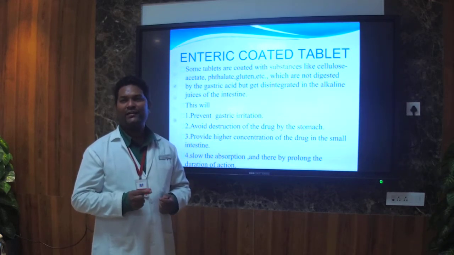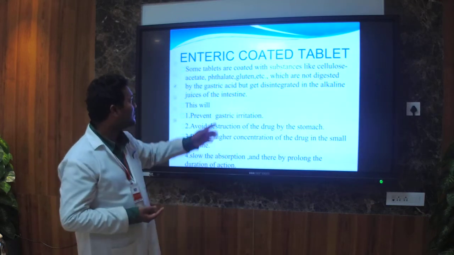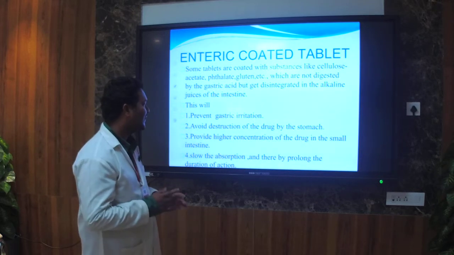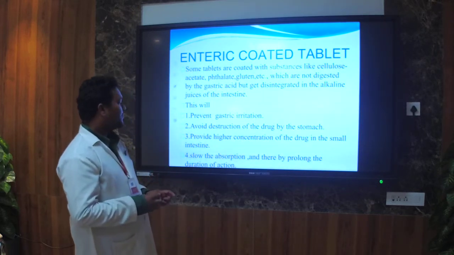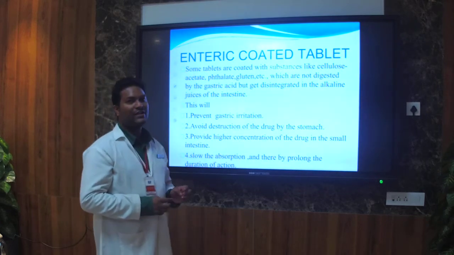You might have seen that most of the antibiotics come in capsule form. So they have this enteric coated phenomenon, and because of that, it only gets disintegrated in the small intestine. Then it slows the absorption and prolongs the duration of action.